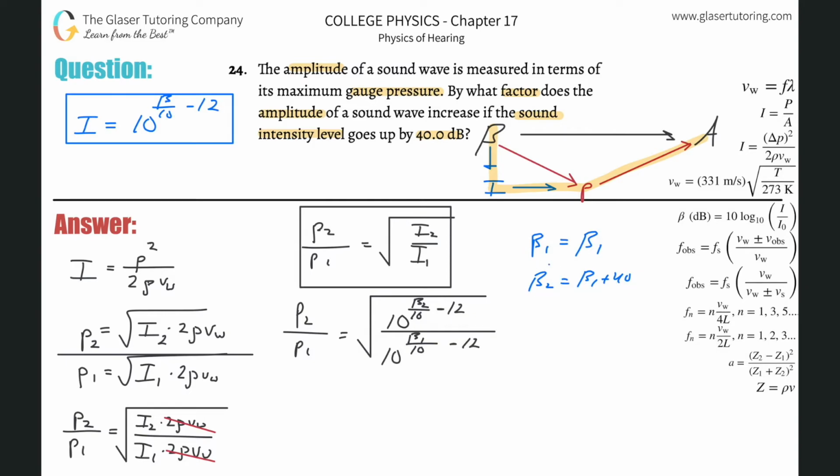So now through this equation right here, I'll put a little box around that one, I can substitute this value, beta 1 plus 40, in for beta 2 here.